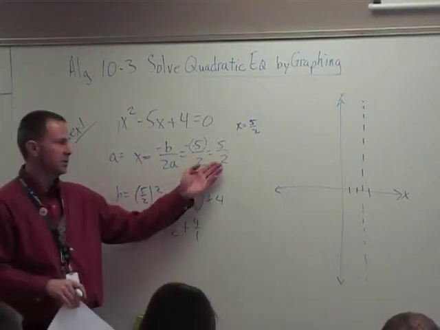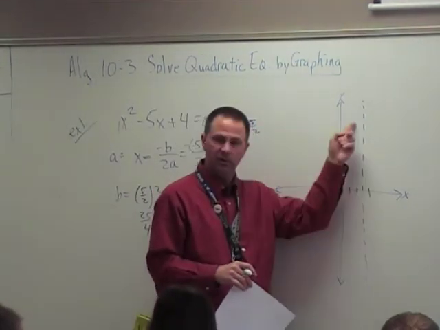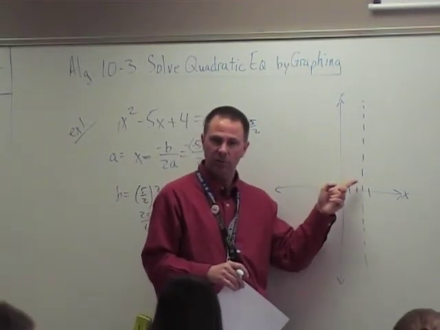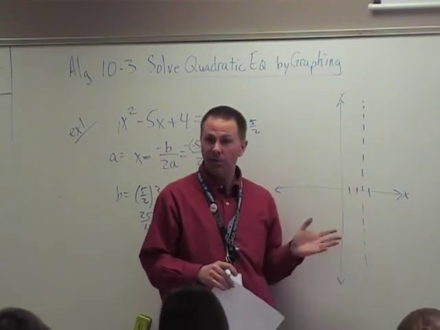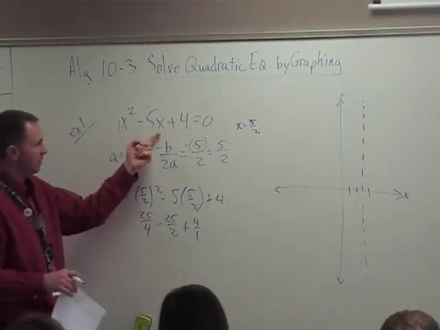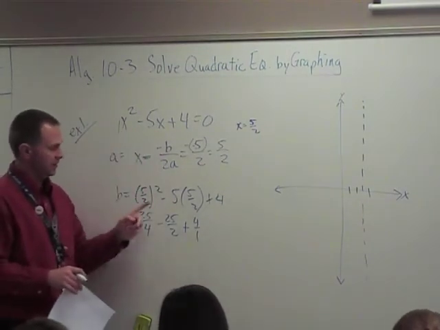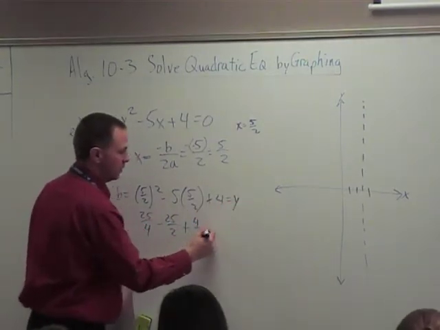All I did was substitute what x equals, because I don't know where the parabola hits on 5 halves. It's like the xy chart. I need to plug 5 halves in to find out what my y value is. So I just substitute 5 halves into this equation for x. And this is what I get. So this is what y equals.